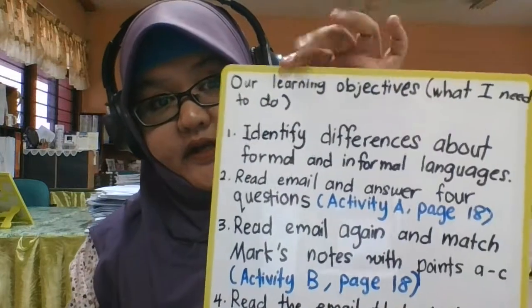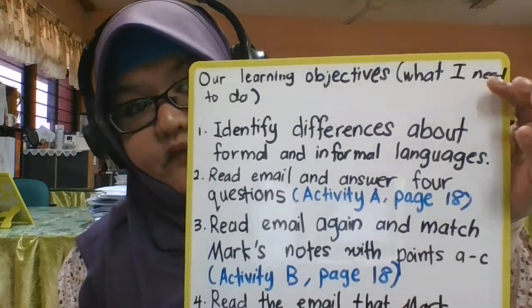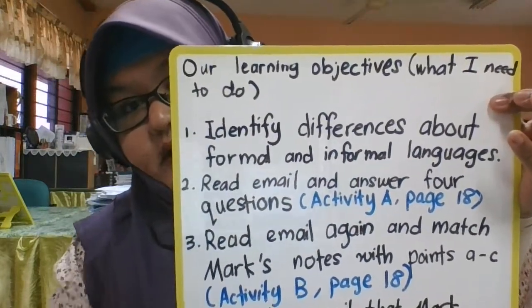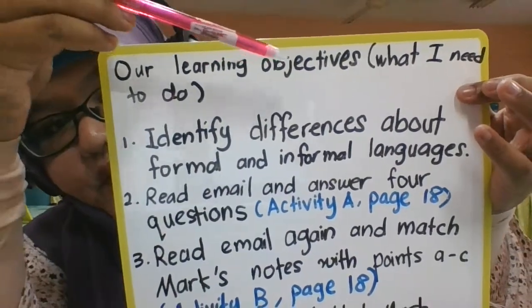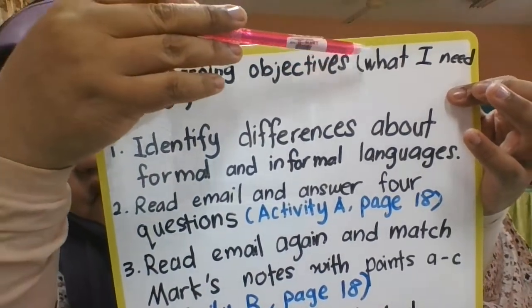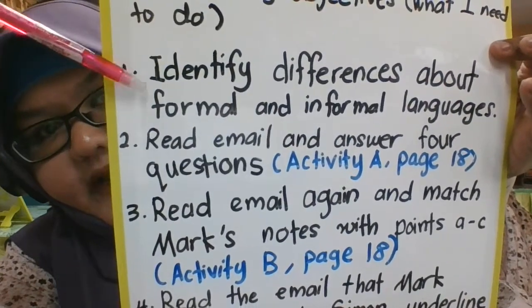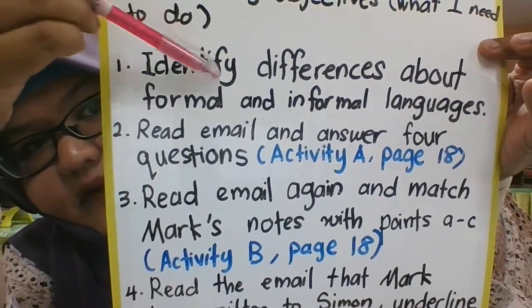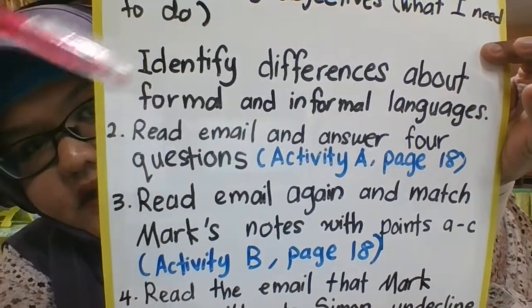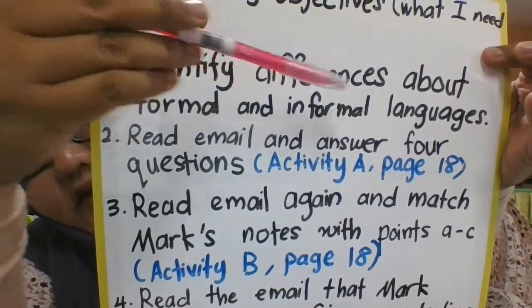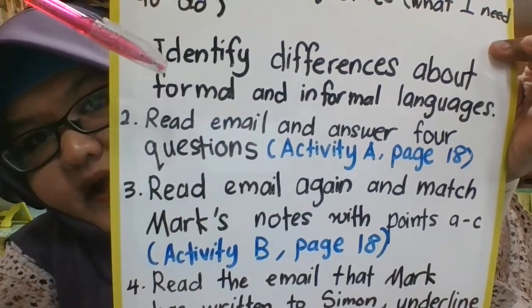Let's look one by one. First thing, before you do exercise A or activity A, let's look at our learning objectives. The learning objectives are what you should do. So number 1, identify differences about formal and informal language. What is identify?